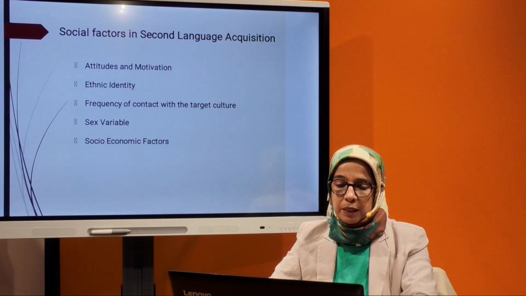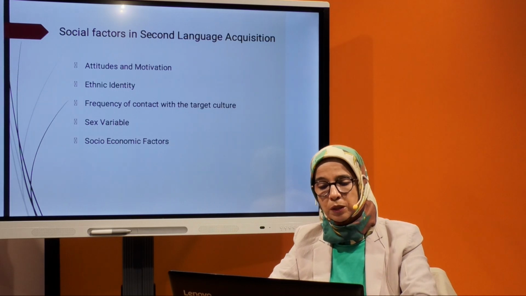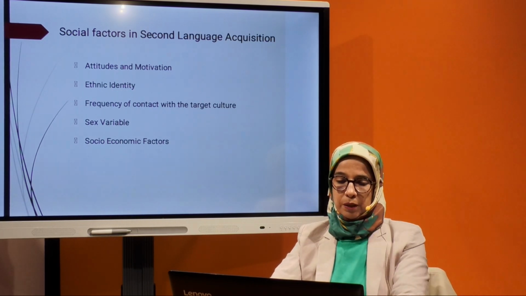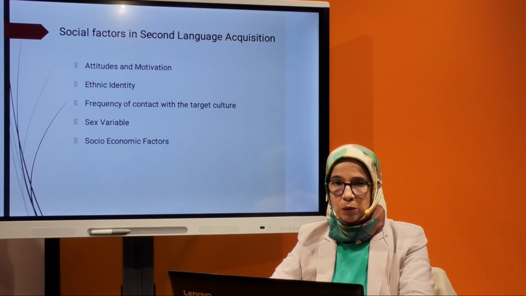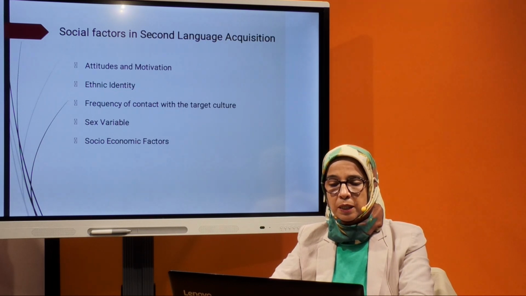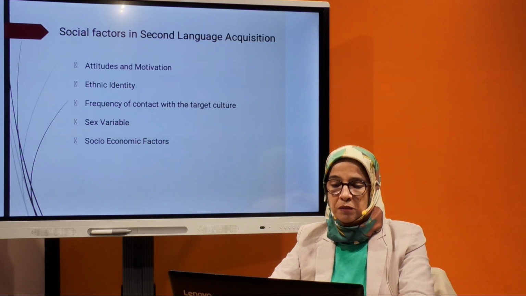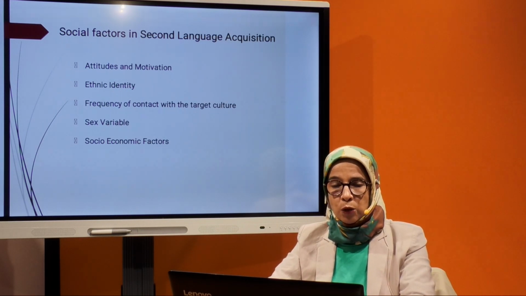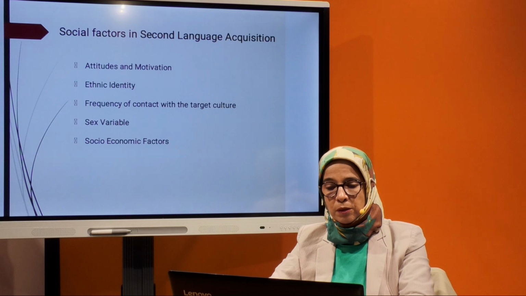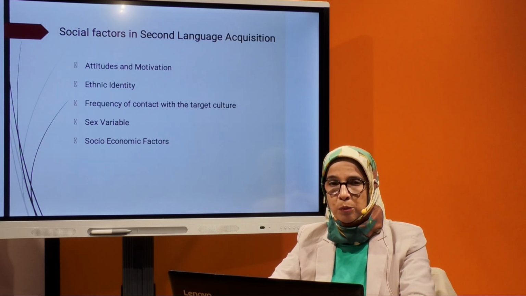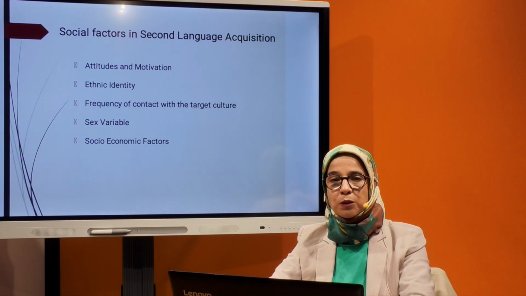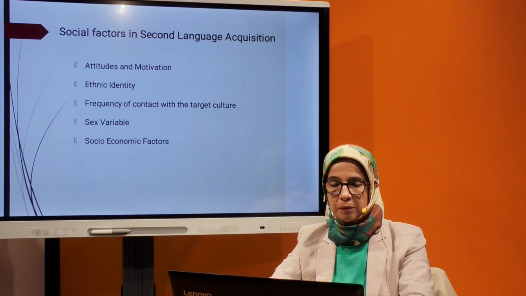Now another factor, that of the frequency of contact with the target culture. This is another variable contributing to second language acquisition, and many researchers have conducted studies in this domain to investigate the relation between the learner's levels of achievement and the previous experience in the target community. What do we mean by that?